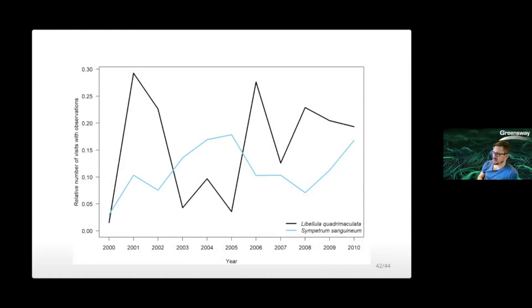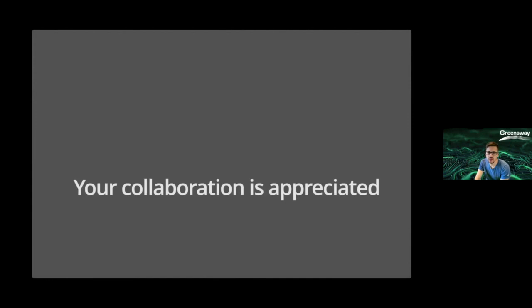This is, again, not correcting for missing observations or big biases in the observations, but at least we know if there is any trend among the total number of observations, the proportion of these two species within the whole set. And that was it with the two examples.